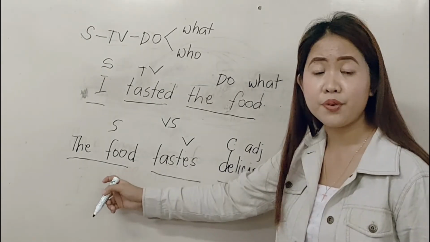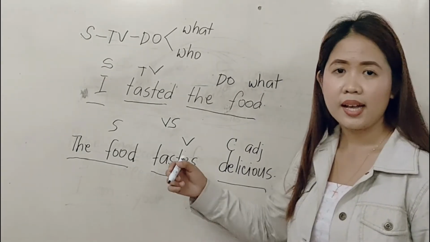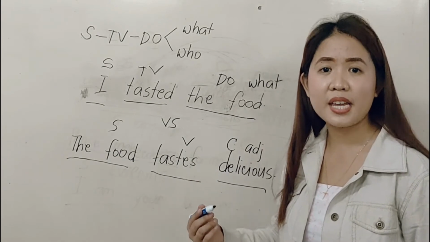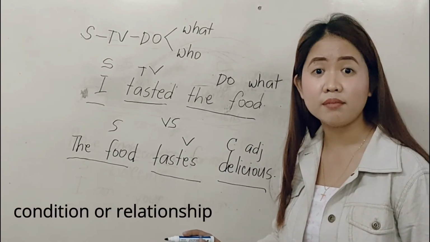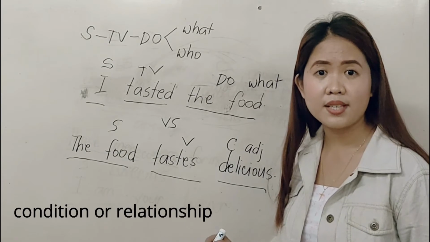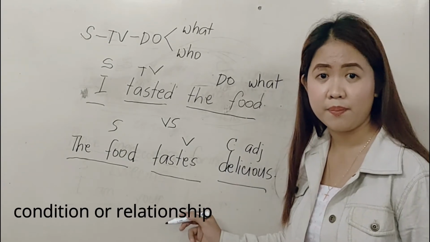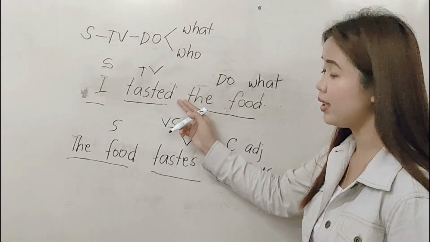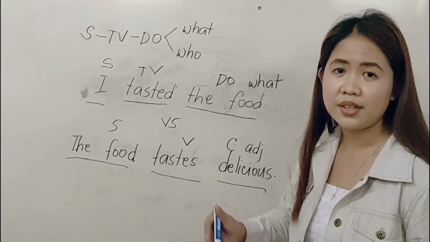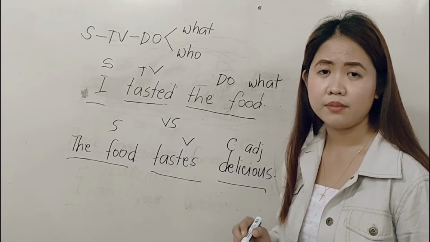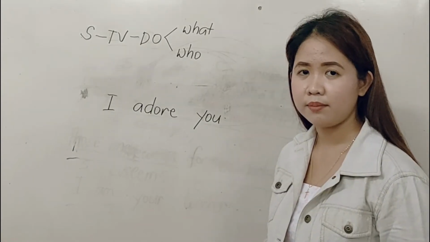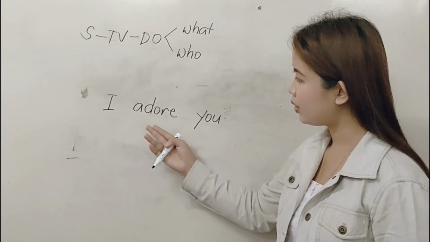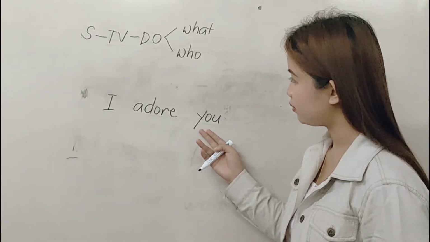The food cannot perform its action, right? Again, if we are only describing a state of being, then the verb is considered linking verb. But if the verb shows an action word, that is considered a transitive verb. Let's have the second sentence. I adore you.